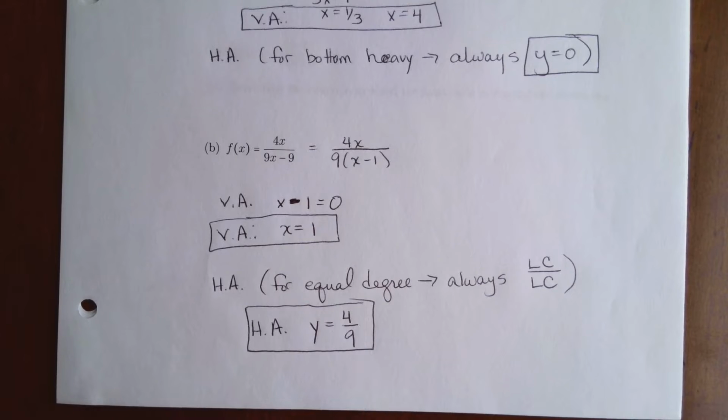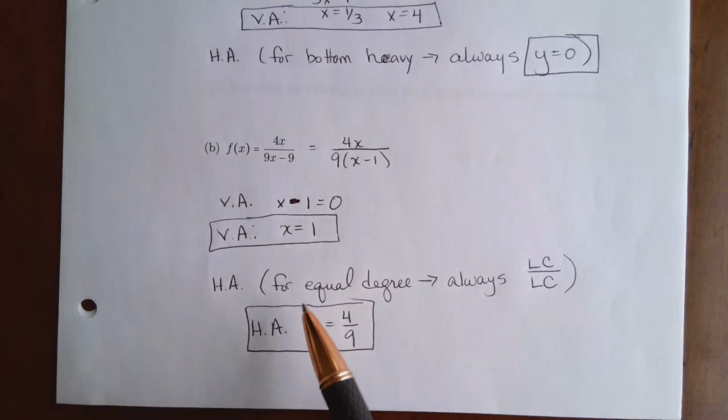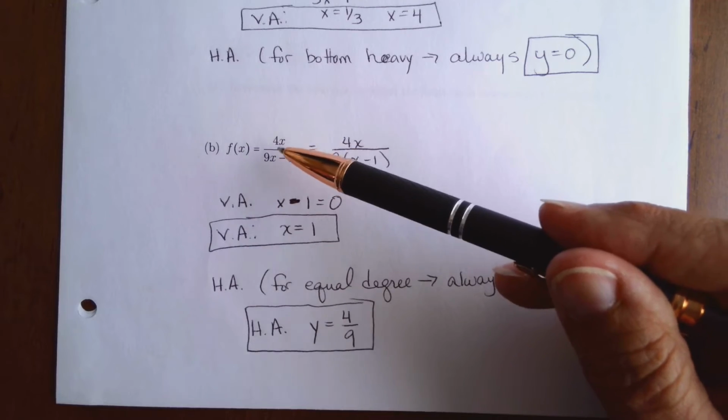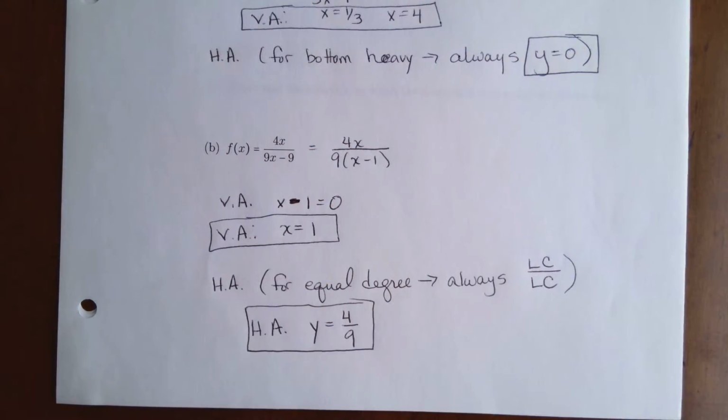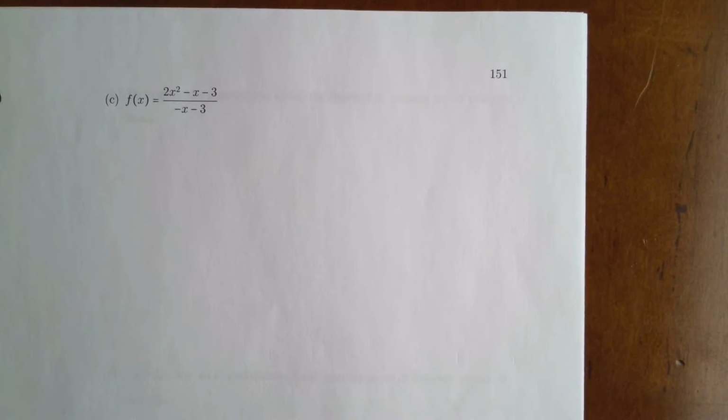Okay? So for bottom heavy, that's the easy ones. Y equals 0. For equal degrees, it's pretty much just as easy. You take the leading coefficients and make a fraction out of them and reduce them. Okay? Make sure you reduce it if you can. All right, so the last one I'm sure in part C is top heavy, which it is, right? The degree in the top is bigger.